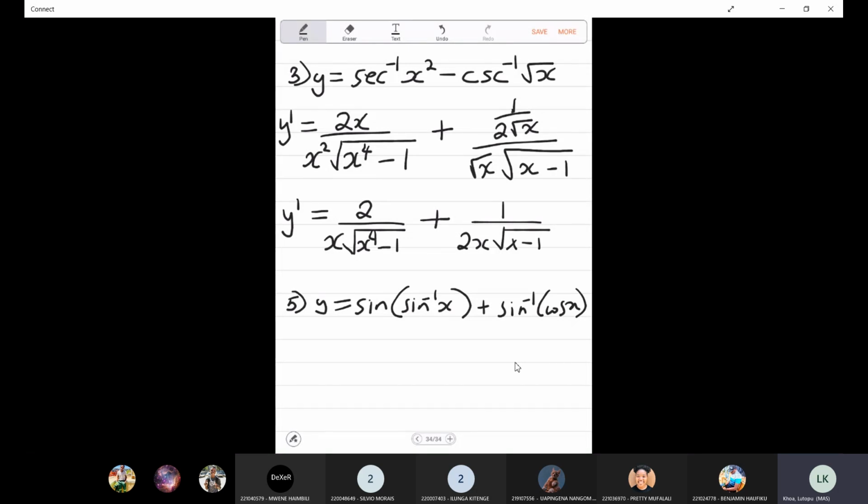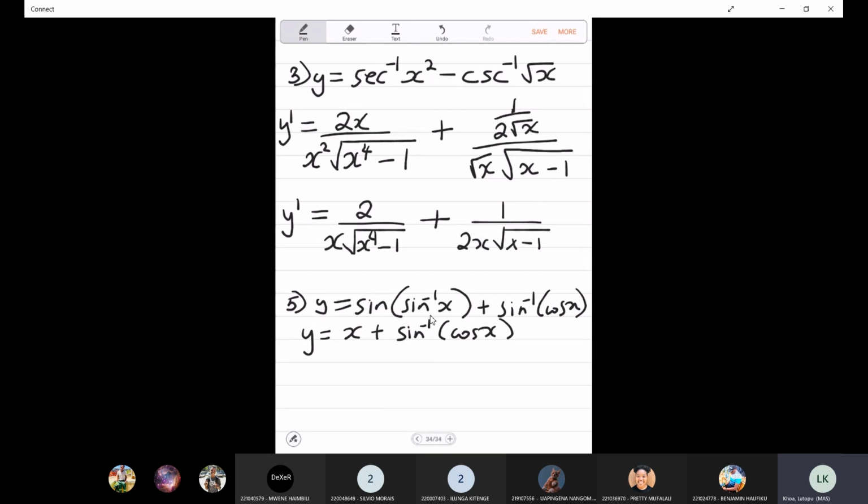If it's possible to simplify it, go ahead and do that. For example, this first one, you have sine of sine inverse. Those, like we said, are inverse functions, so they cancel each other out. So what I'm actually differentiating is x plus sine inverse of cos of x.